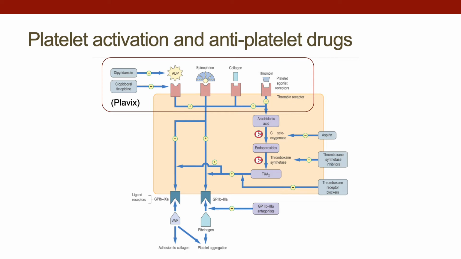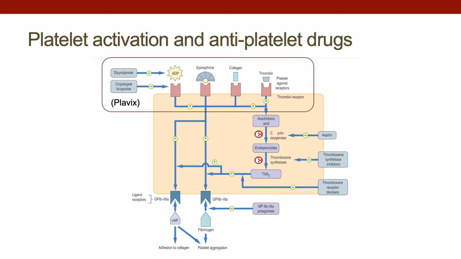Other receptors that can stimulate platelet activation are the adrenergic receptors binding epinephrine, receptors for collagen. Remember that as usually cells in the blood only see collagen if the vessel is damaged, and also receptors for thrombin. The thrombin receptor is interesting in the way it gets activated.